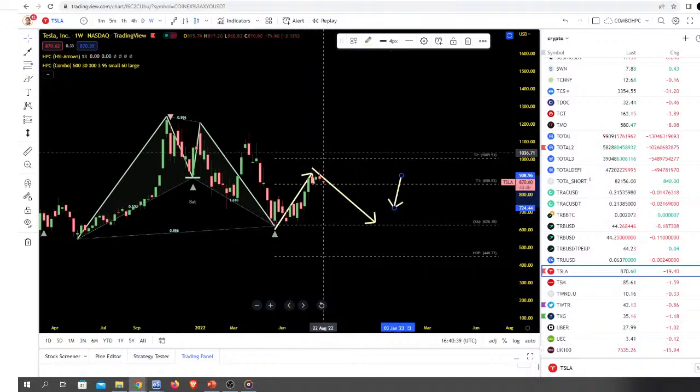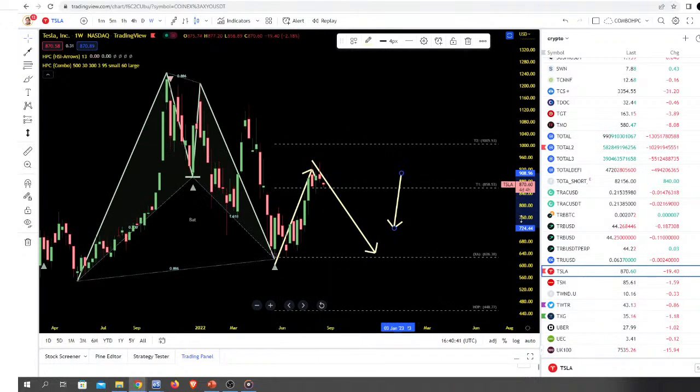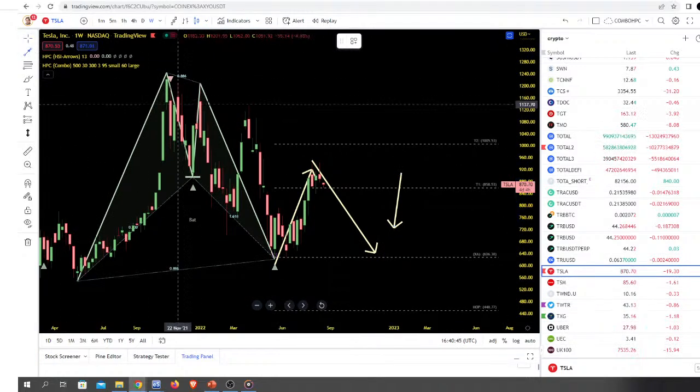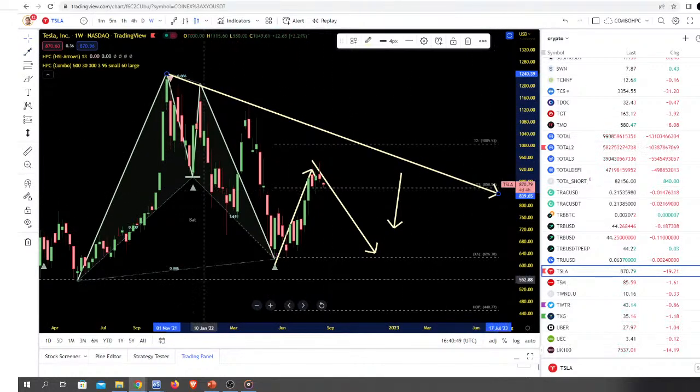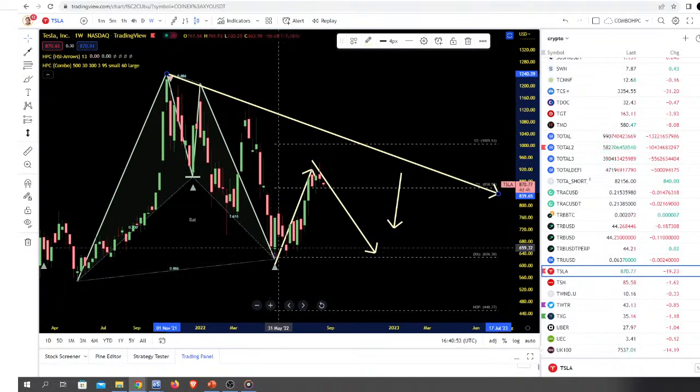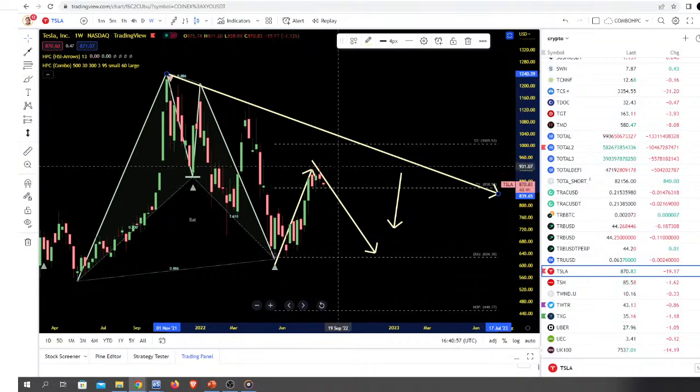So I'm trying to apply just the framework. That's all we're doing here. Harmonic pattern framework, and ask myself the questions at each point. Did we get a reaction? Yes. Did we have beautiful HSI? Yes. We hit target 1 and now it's rolling over. The 3-bar reversal for Tesla will trigger under 840.